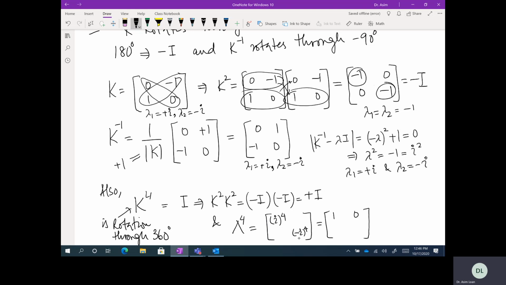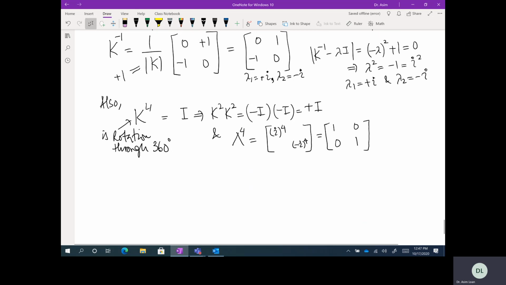This is 0. And this is again minus I, so again this is 4 times minus into minus into minus into minus, so minus 1 raised to power 4 is plus, and again I have I4, so this is 0 and this is 1.